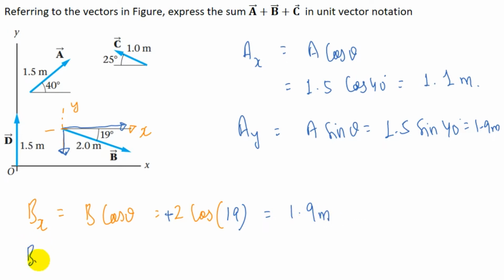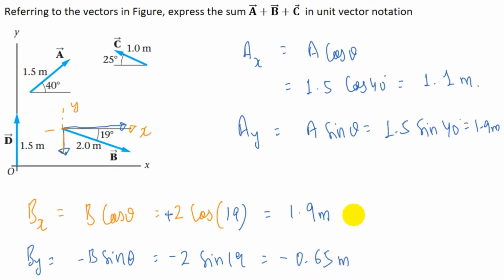Then BY would be B sine theta; since this component is along the negative y direction, I put a negative sign, with theta as 19 degrees. So this is minus 2 sine 19 degrees, which equals minus 0.65.